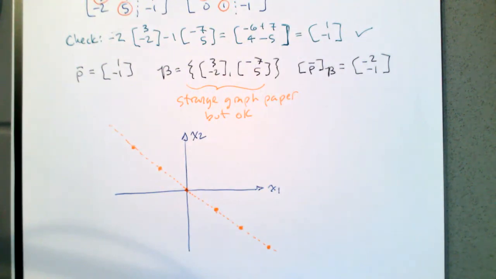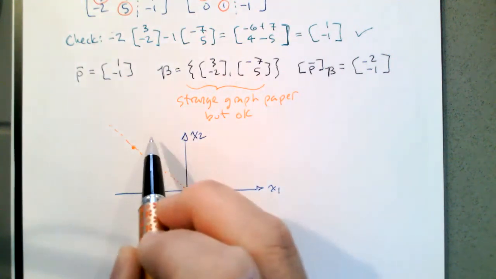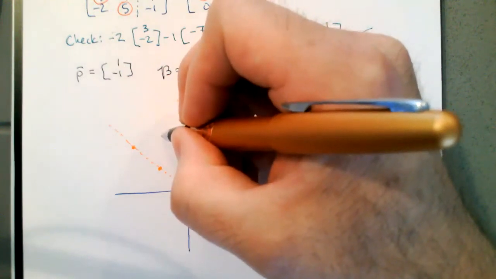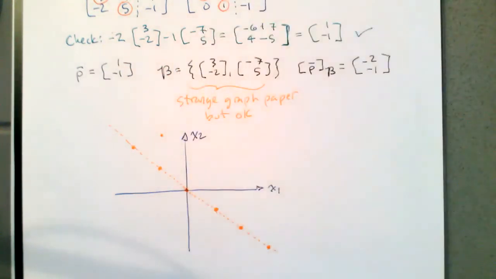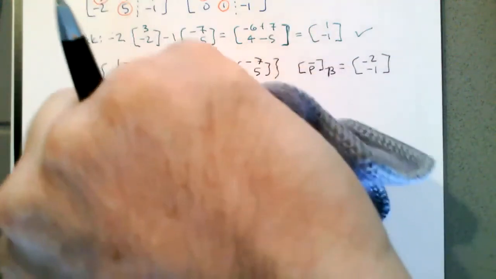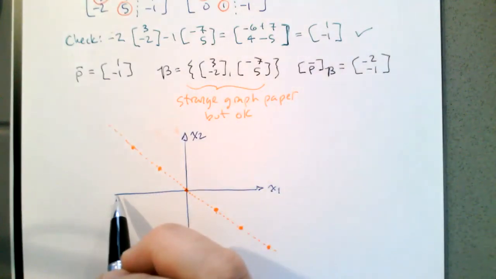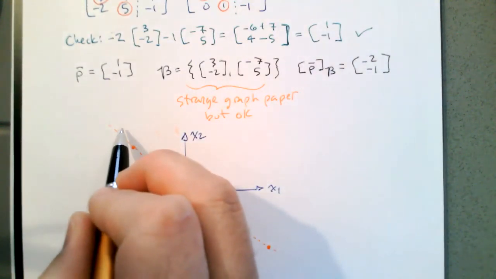Then I have this vector (-7, 5). I should try to at least get them kind of in the same place.